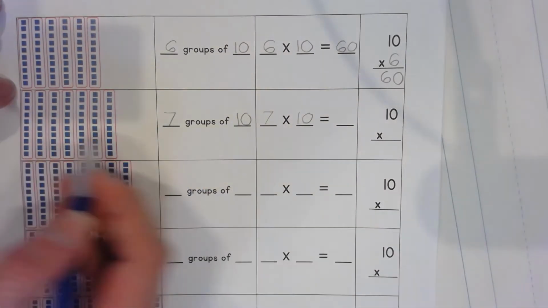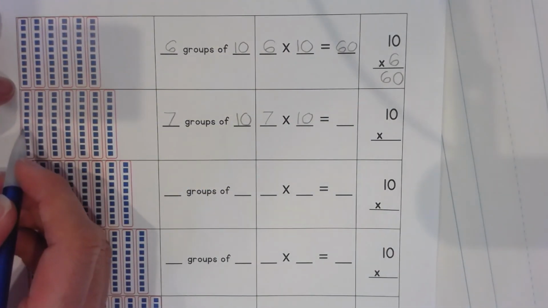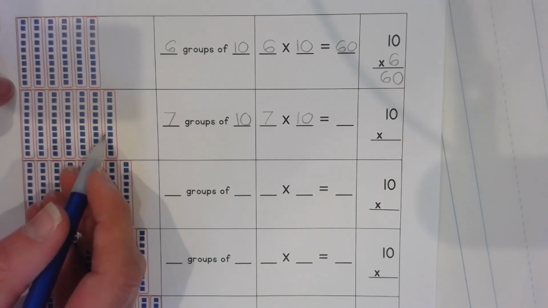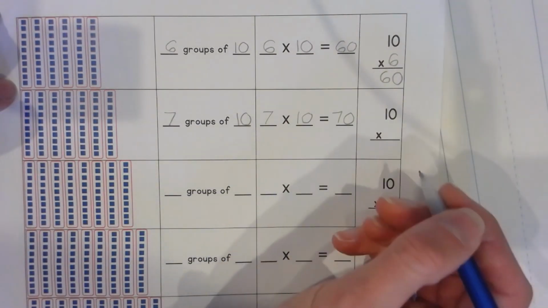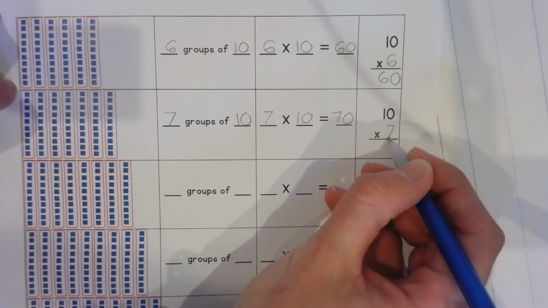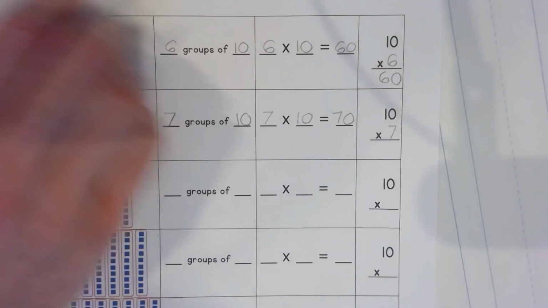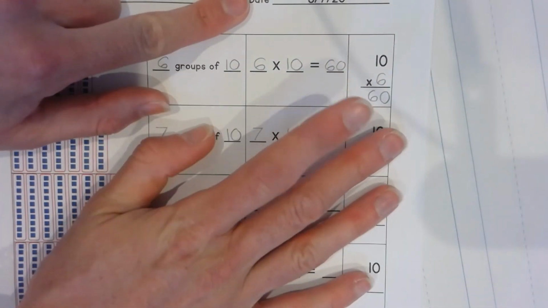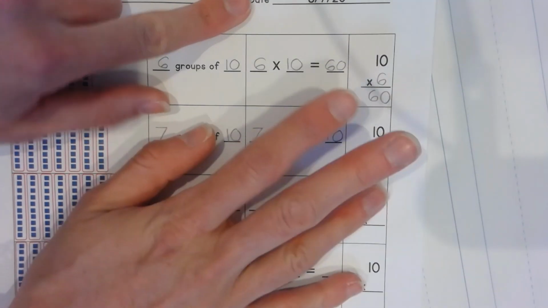So we have to count by 10 7 times: 10, 20, 30, 40, 50, 60, 70. And that means 10 7 times. Or 10 times 7 equals, so we have to get to this many fingers. 10, 20, 30, 40, 50, 60, 70.